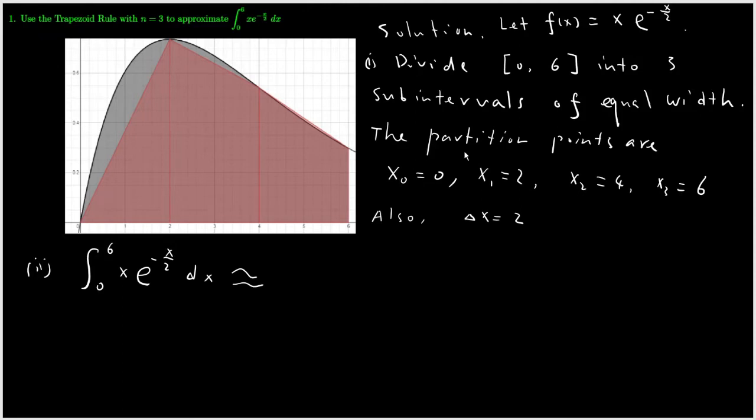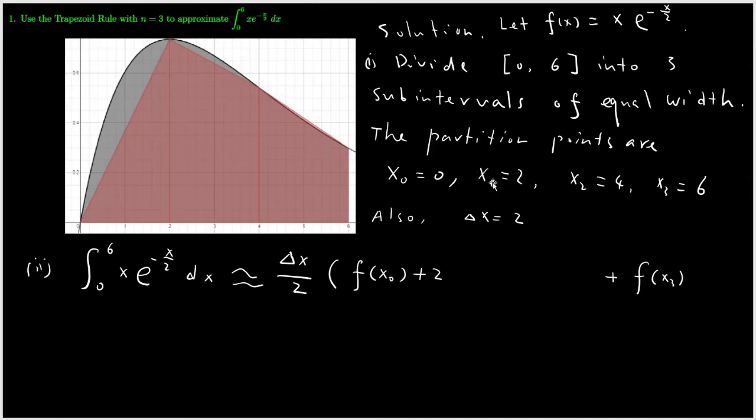So the formula, we'll copy the formula. You have half of the width of the subintervals, and then the value of the function at x0, the left end point, and then plus the value of the function at x3, which is the value of the function at the right end point of the interval, and then plus 2 times the value of the function at other partition points.